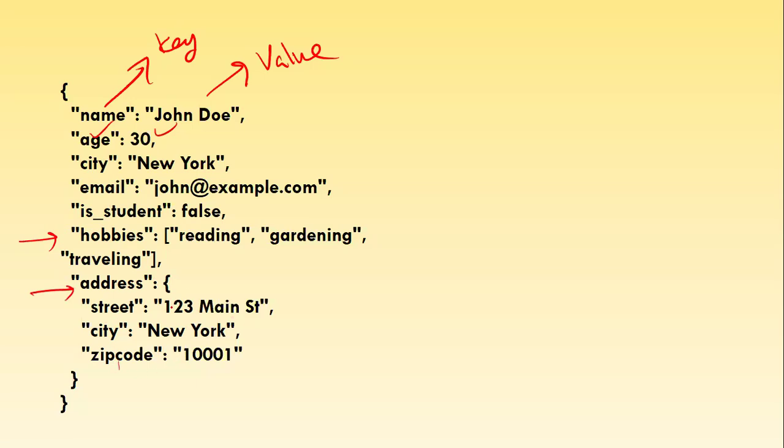You want to group these three key value pairs under address, so nested values are also possible. In this case, in the address, street is the key and this is the value. This is the fundamental structure of the JSON file.